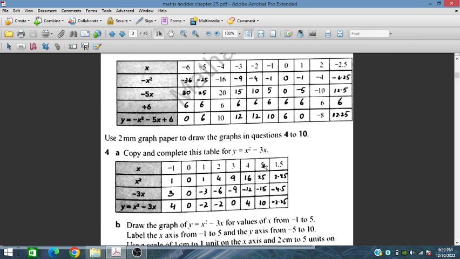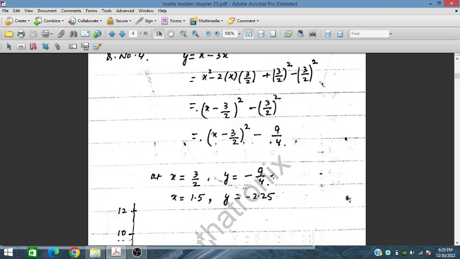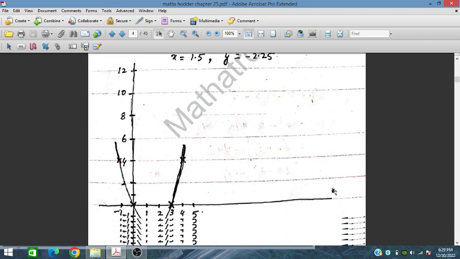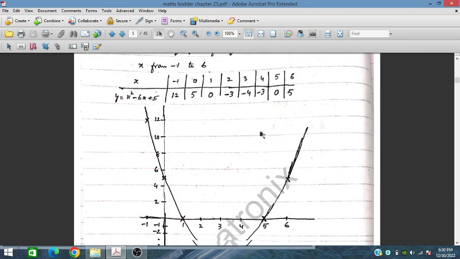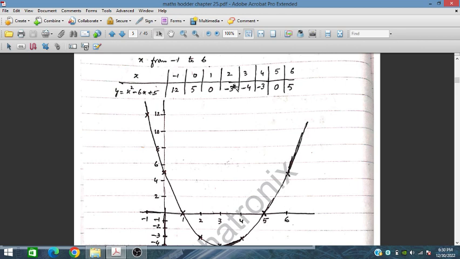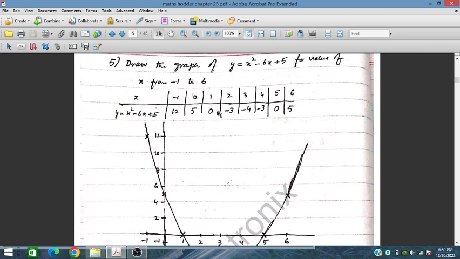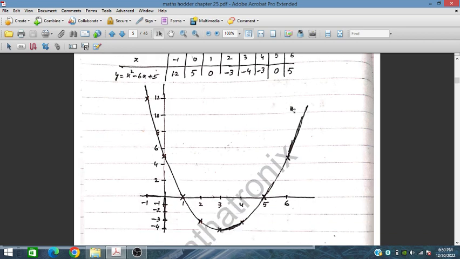So we have this value in the last row and first row. From this first row and last row we have plotted this, and we can see the minimum value is at 3, and we can also do the same as we did earlier.